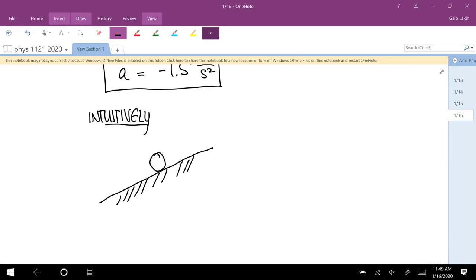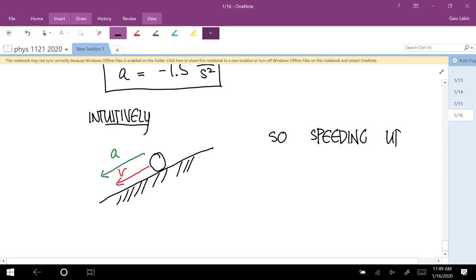Which direction is the object moving, up or down the ramp? Yep, so there's the direction of the velocity. And is it accelerating up or down the ramp? Down. So it's speeding up, since those are the same direction. Down the ramp.